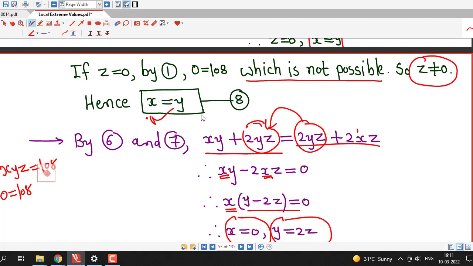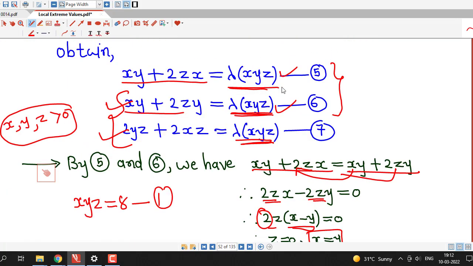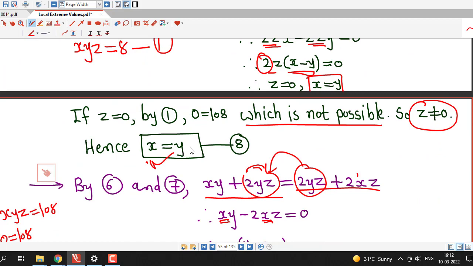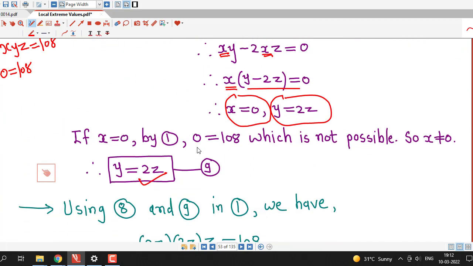So after comparing these right hand sides of equations 5, 6 and 7, we obtain that x is equal to y and y equal to 2z. That means we obtain x equal to y equal to 2z. Now we use equation 1. Equation 1 is xyz equal to 108.